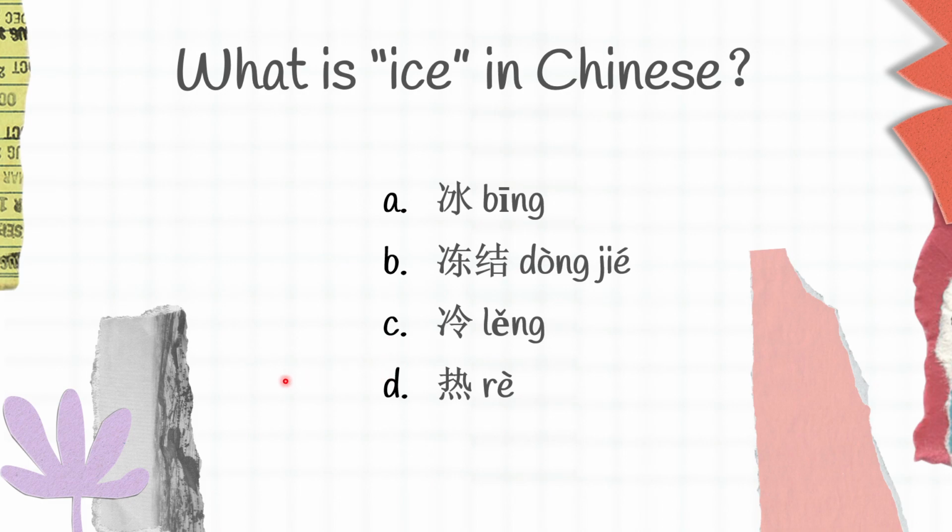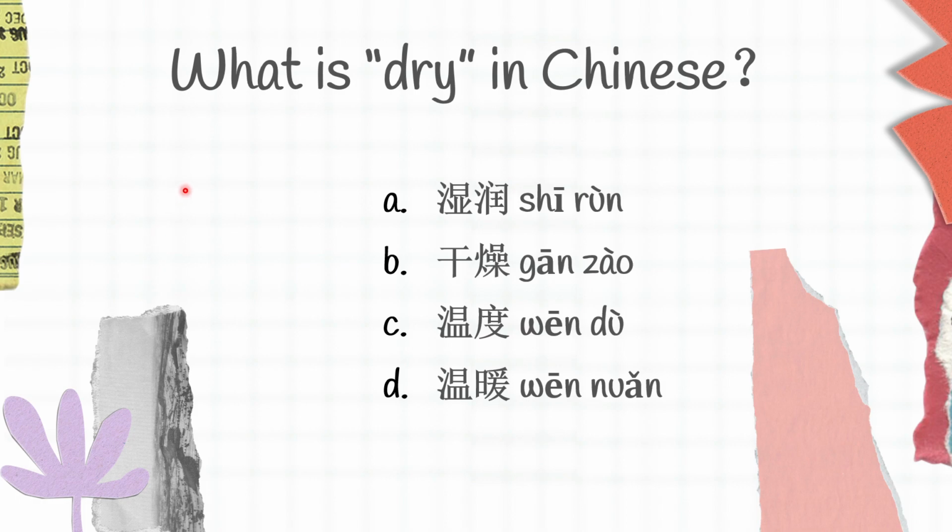So the correct answer for this question is A, 冰. The next question here, what is dry in Chinese? So we have A, 湿润, B, 干燥, C, 温度, D, 温暖. So which one do you think is the right answer?